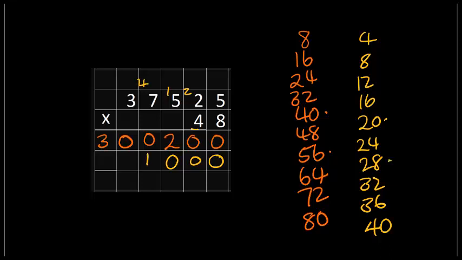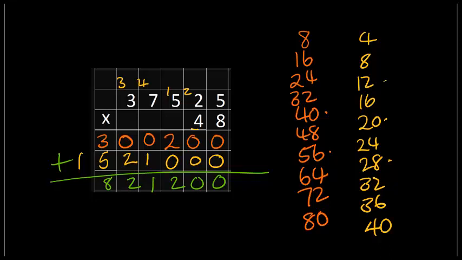Carry the 4. 4 times 7 is 28. 28 plus 4 is going to be 32. 2, carry the 3. 4 times 3 is 12. Plus 3 is 15. Now I'm going to add them all together. And I have 0, 0, 2, 1, 2, 8, 1. And that's my final answer.